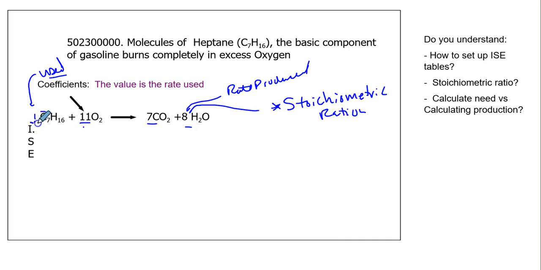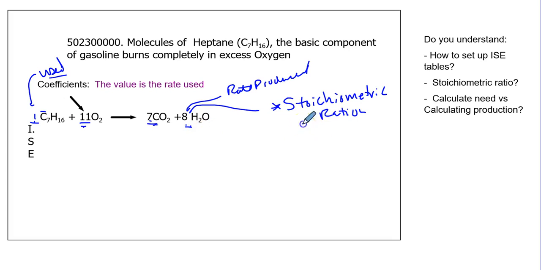It's the 1 to 11 to 7 to 8 ratio. That just means that for every 7 of these, I get 8 of these. So if I got 70 carbon dioxides produced, I'm also going to get 80 waters produced. If I had 700 carbon dioxides produced, I get 800 waters produced.